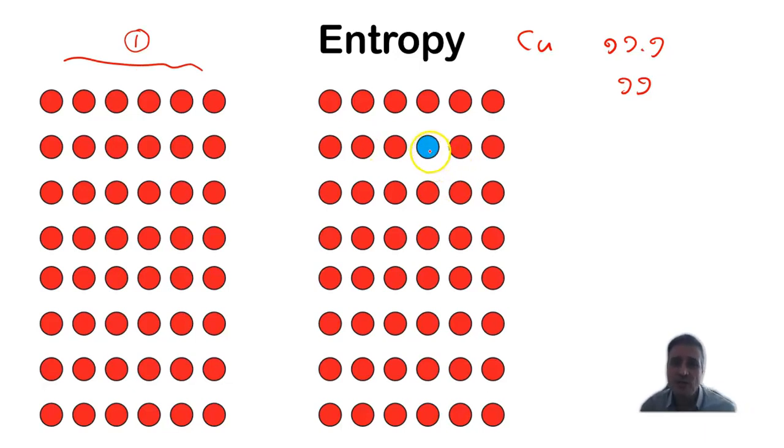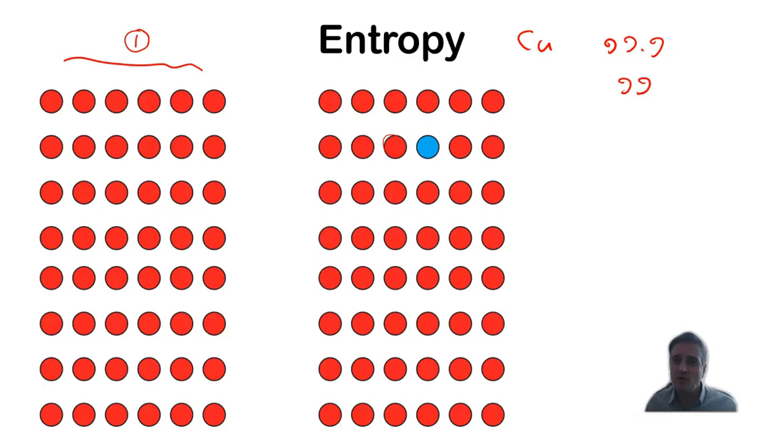But when you add only one blue atom into this structure, the number of states that you can have will become much more than one. You can calculate it. When you add two blue atoms, you will even have much more states.